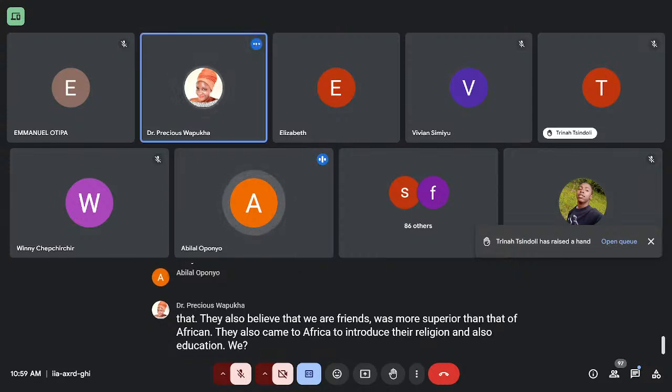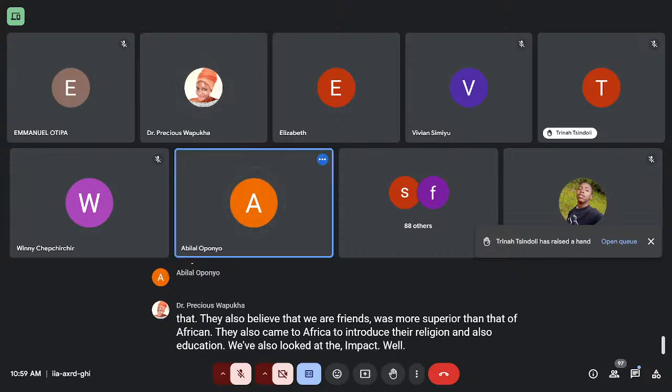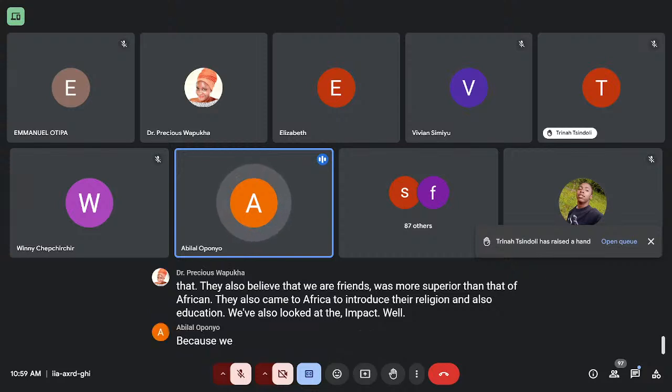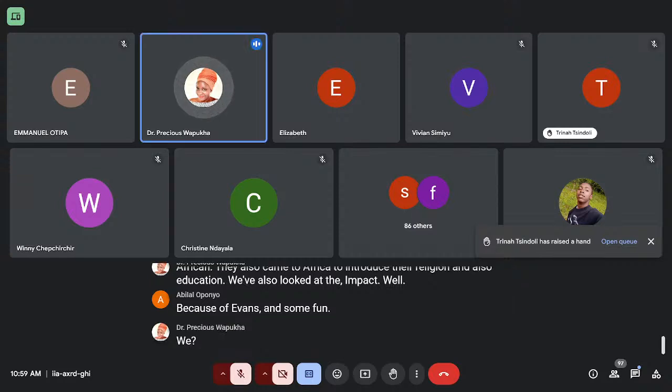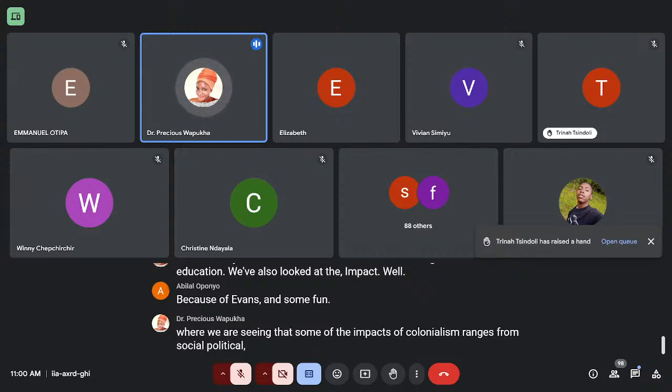We've also looked at the impact, where we are seeing that some of the impacts of colonialism range from social, political, and economic.